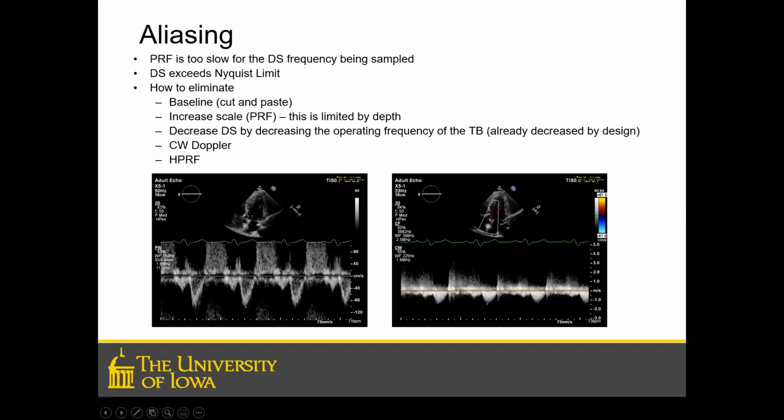The reason for that is if we have aliasing occurring with a color Doppler, it's not ideal, but it's not terrible. If we have aliasing occurring with our pulse wave Doppler, that limits our ability to measure the actual velocity, right? So they drop the operating frequency a little bit lower so that our aliasing potential is reduced a little bit.